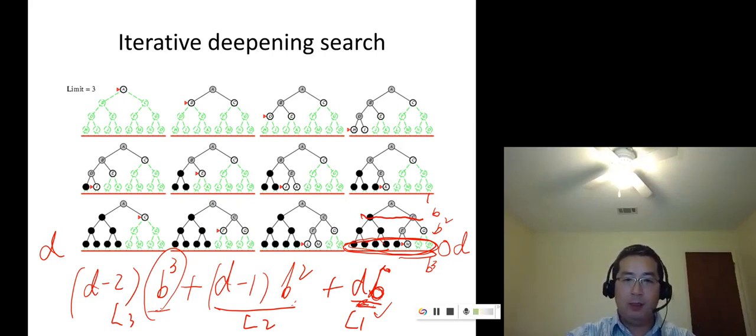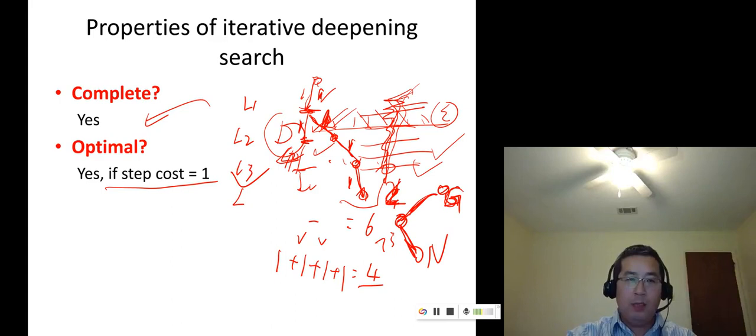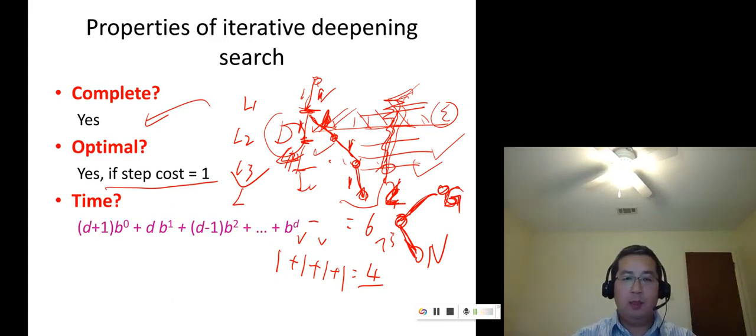Okay, this is the general solution: d plus 1, b0, b, and then d minus 1, and then till the last one, b to the power of d. Okay, so this d plus 1, b0 is just the root node.